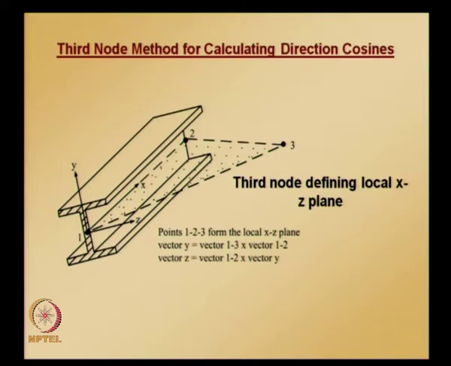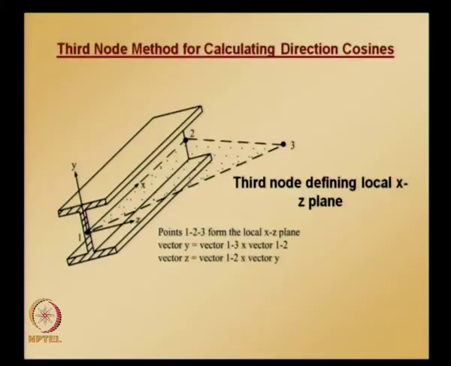Once we have the unit vectors along local x axis, local y axis and local z axis, we can easily write the rotation matrix, because the components of these vectors are going to be the components of the rotation matrix. So, this is about third node method.